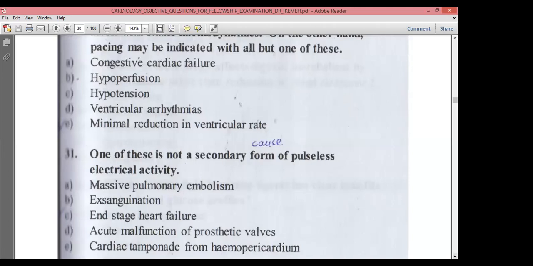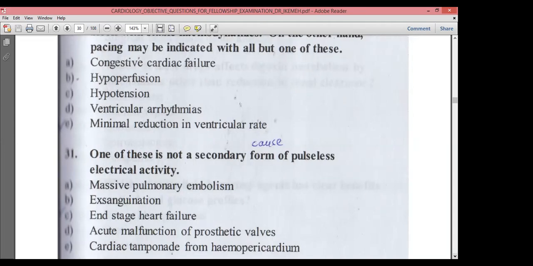Now when we come to the options, option A, massive pulmonary embolism, that's under thrombosis of pulmonary origin. Exsanguination causes hypoxia, so it is one of the H's. Then end stage heart failure, let's keep that. Then acute malfunction of prosthetic valve. Indirectly, when they malfunction, they can lead to hypovolemia.